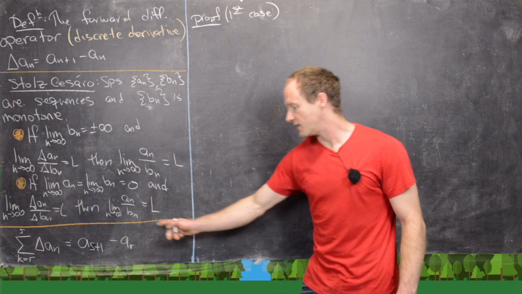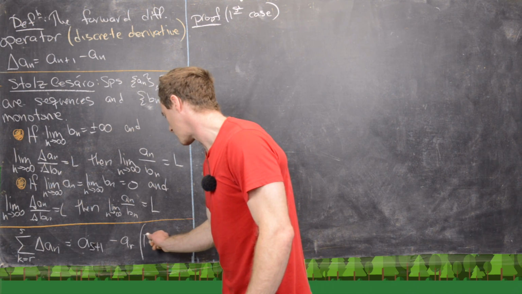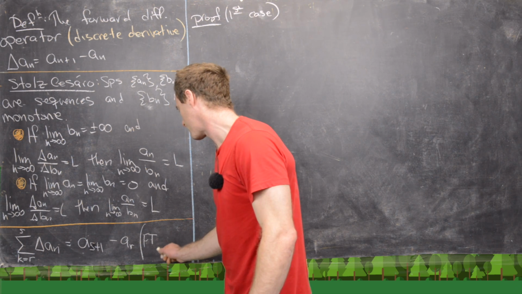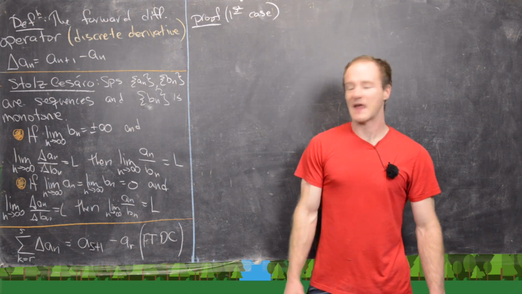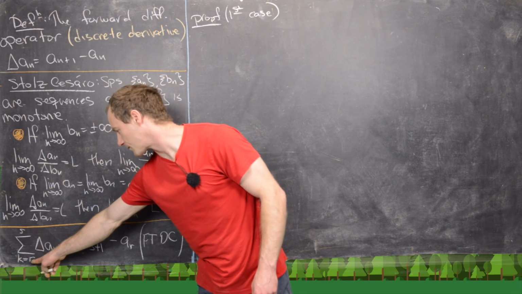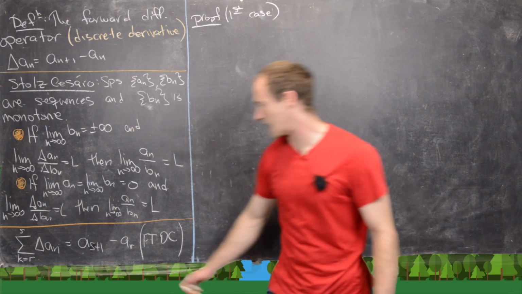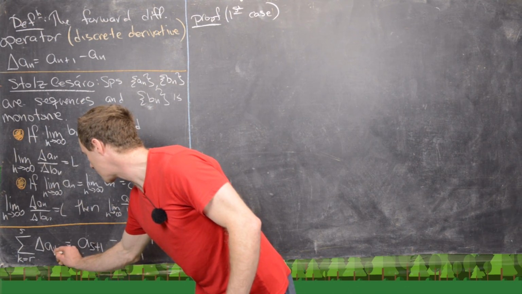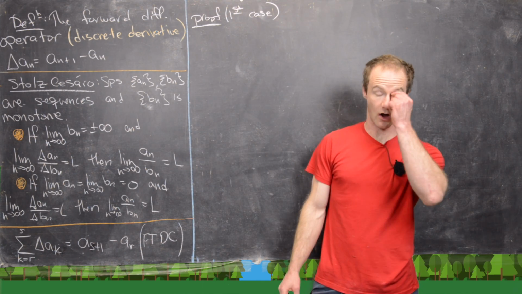Okay, great. Another thing I want to recall here is sometimes called the discrete fundamental theorem of calculus, or the fundamental theorem of discrete calculus. It says if you sum from k to r of delta a_k, then you get a_{r+1} minus a_k.